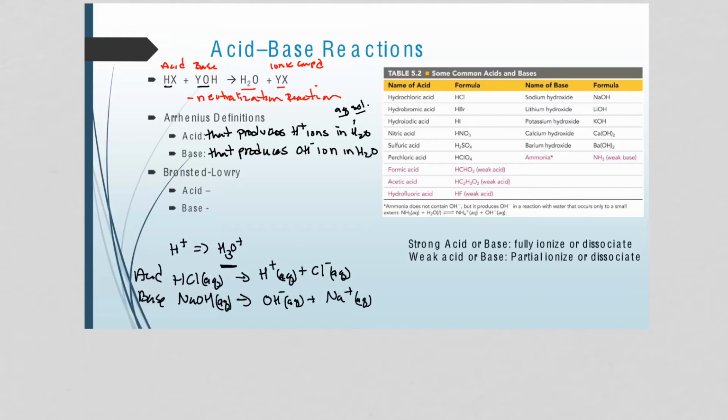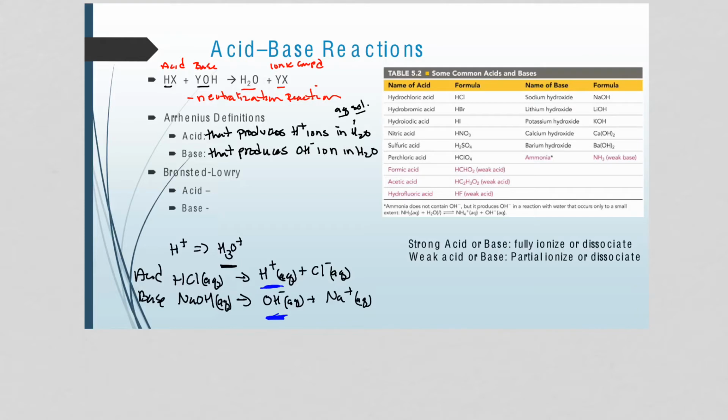But of course, the key ion here, right, is either the hydrogen ions or the hydroxide ions, right? These are the important ions that either make something an acid because it's producing the hydronium ions, or a base because it's producing the hydroxide ions.